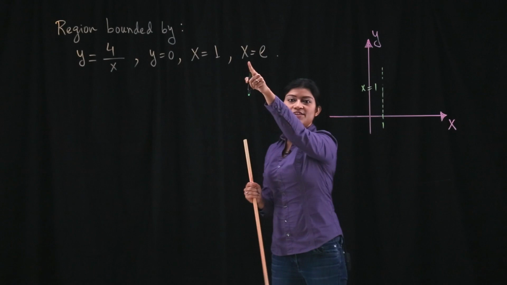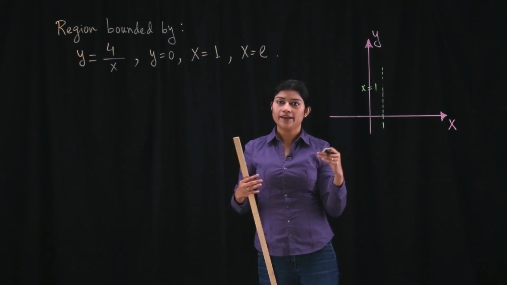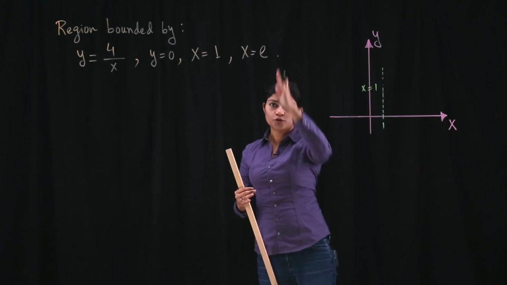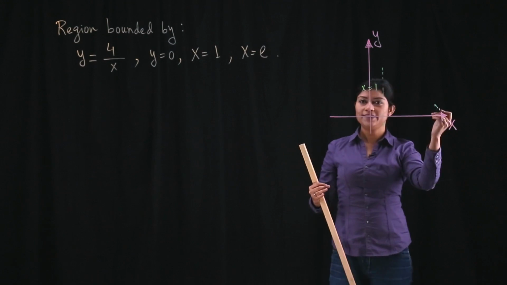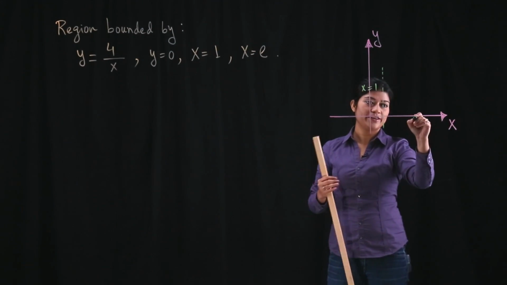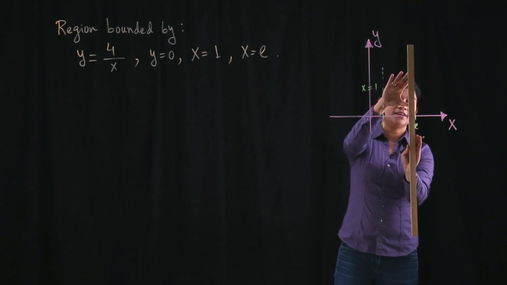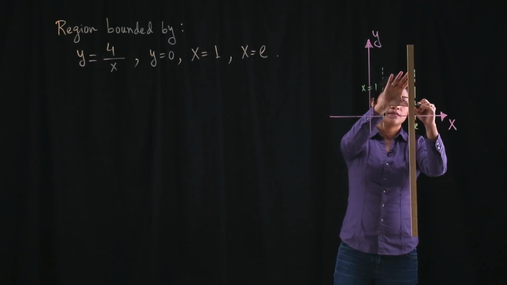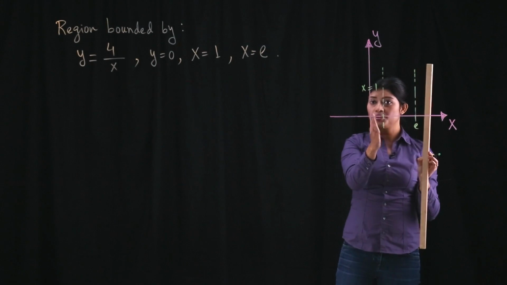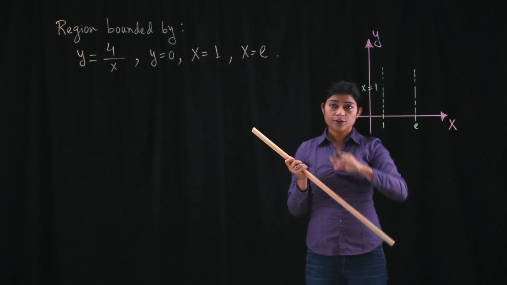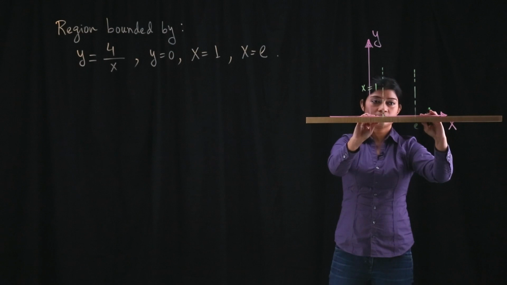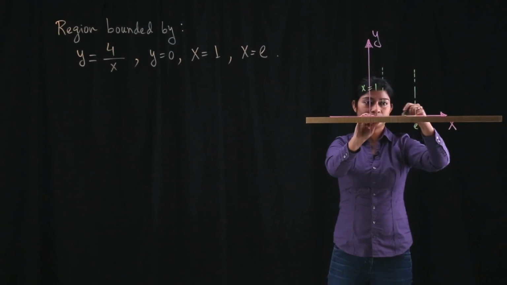Similarly, x equals e, where will that line be? Another vertical line through x equals e, and you know e is greater than 1, so say e is somewhere here. And so this is the other line. Notice that the region will be bounded between these two, y equals 0, which is the x-axis, so this line.